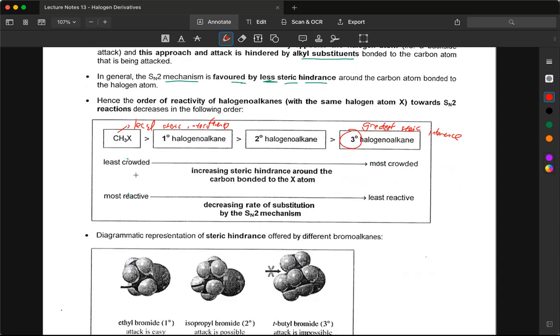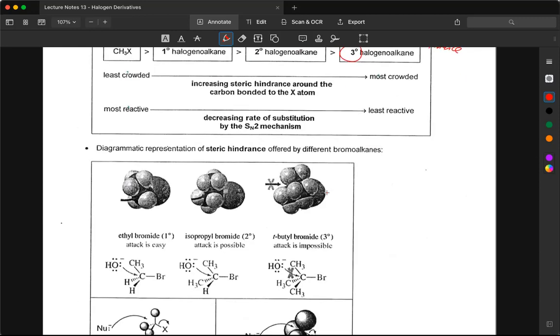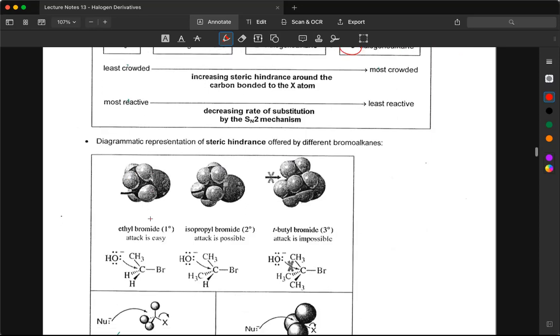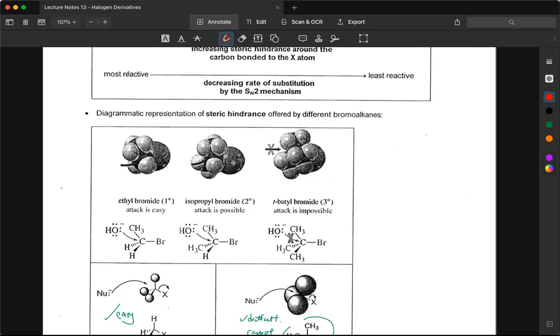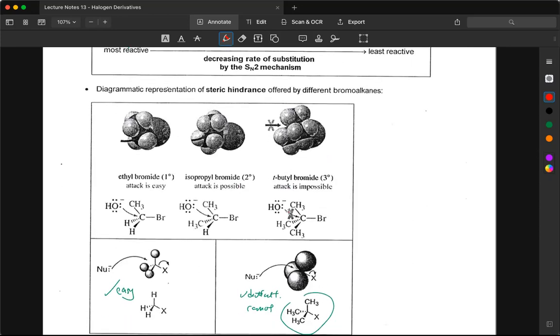So with less steric hindrance, the SN2 mechanism is more favored, most reactive, and less reactive here. For primary halogenoalkanes, the attack will be easy. For secondary, the attack is possible, but for tertiary, impossible because of too much steric hindrance.